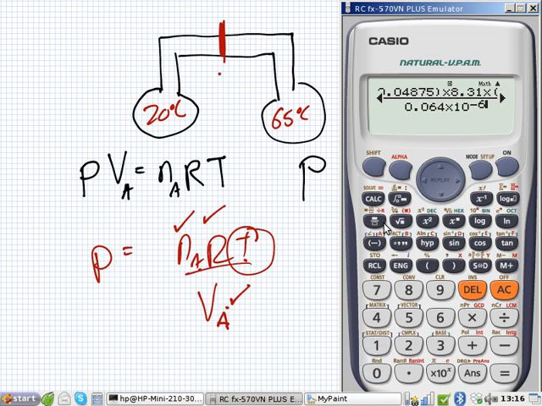Let's see if we get the same answer. And we'll put this in 10 to the 5s. It's 1.4. It's like 1.39, isn't it? Yeah, 1.4. But it's 10 to the 5 Pascal. I think I might have typed in something wrong here. I might have missed my 10.